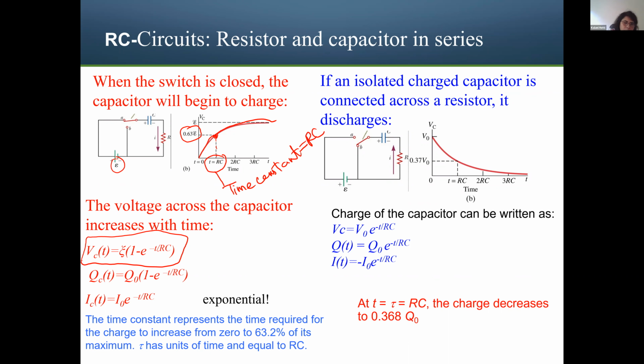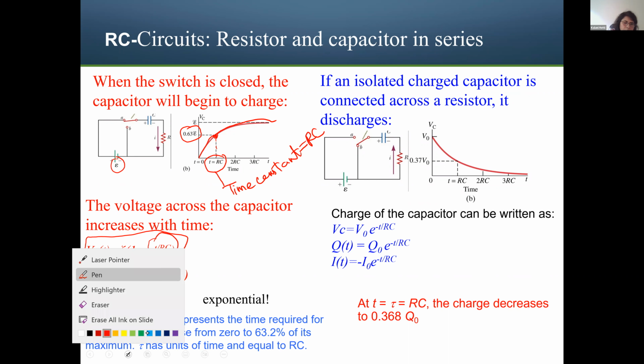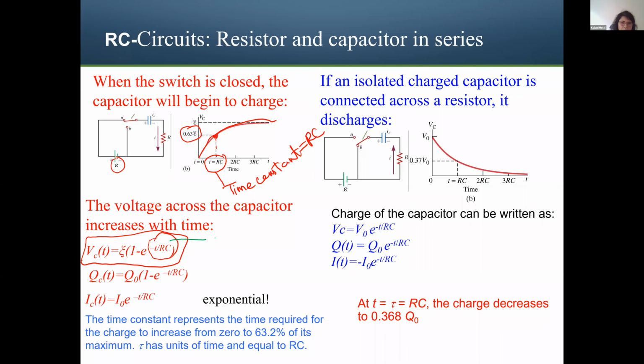Because if you use t equal to RC here, then exponential of minus RC over RC will be just exponential of minus 1. That value will be around 0.37. Then 1 minus 0.37 gives this number, when time equals RC.